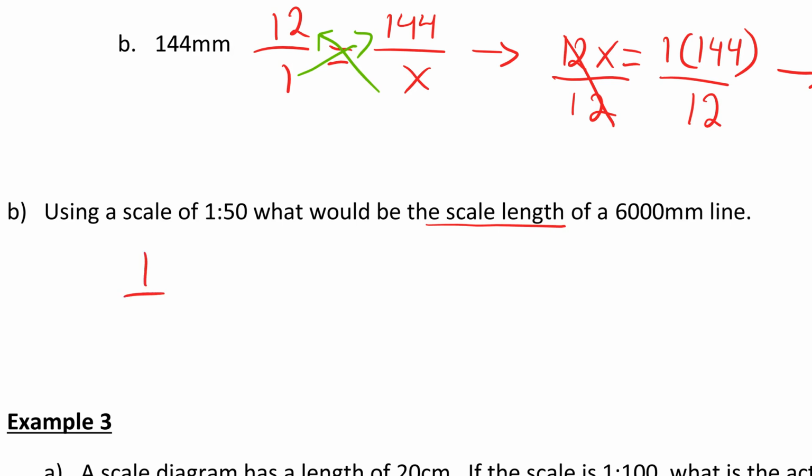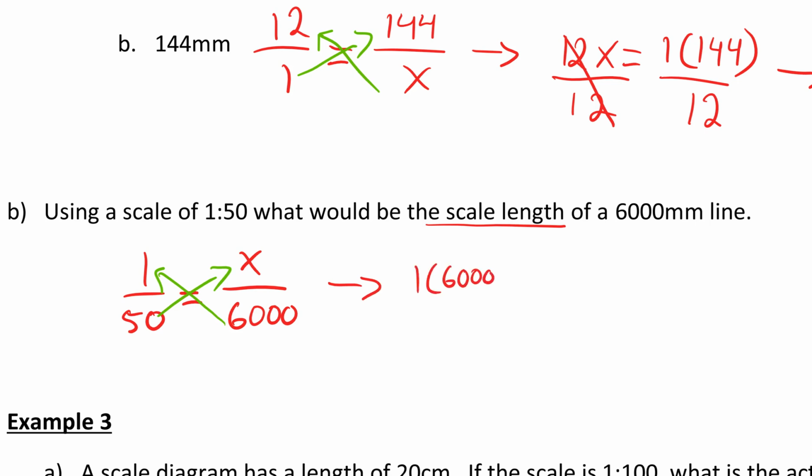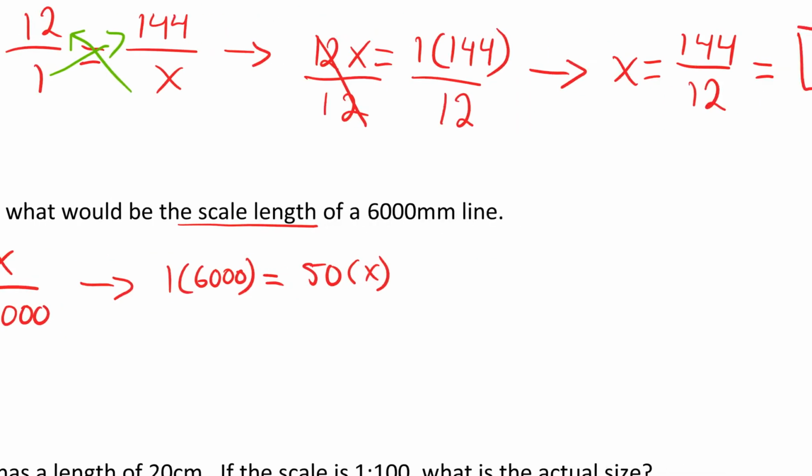Our ratio is 1 to 50 equals, we want to find our scale, meaning our x goes on top and our 6,000 goes on the bottom. We've got our cross multiplication set up. This is going to multiply, which gives us 1 multiplied by 6,000 is equal to 50 multiplied by x.